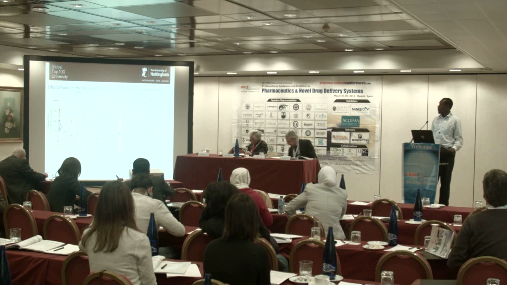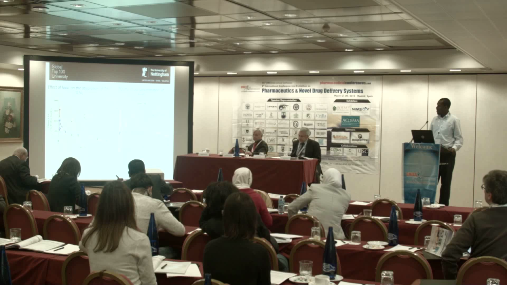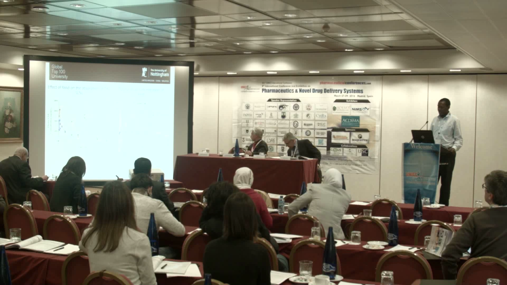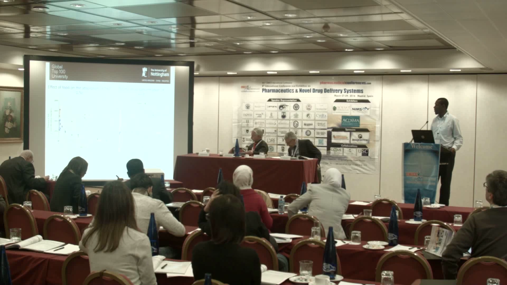No pointer, I hope you can bear with me. So there's this peak over here, which is about 8 hours in the fasted rats administered paracetamol. And we see a similar peak as well in the case of the amphotericin B, also about the same time.